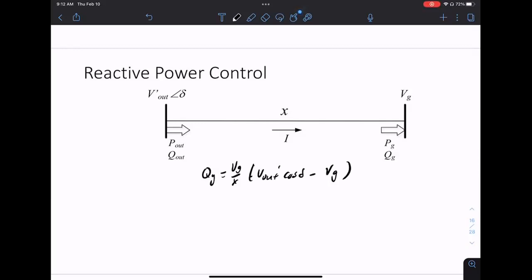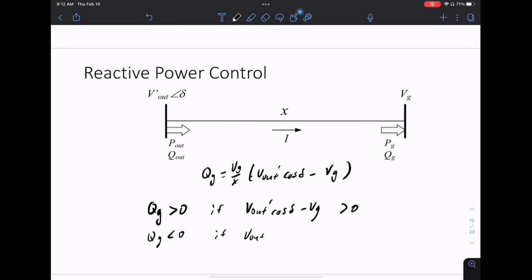So this is greater than 0 if this term is greater than 0, and this is smaller than 0 if this term is smaller than 0. So you have a fair bit of flexibility to adjust for reactive power.